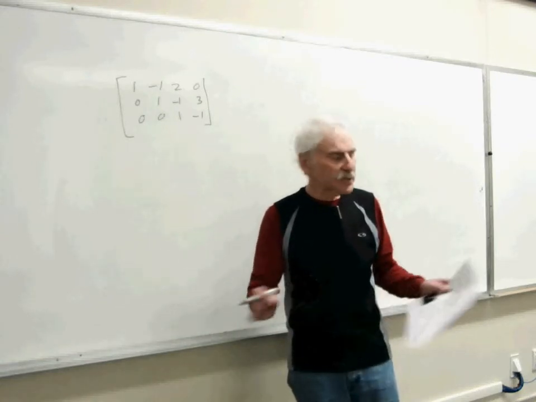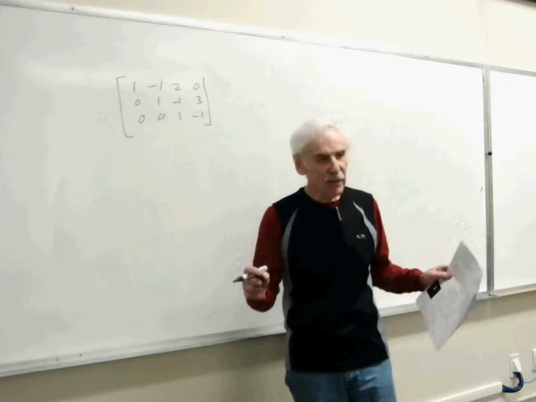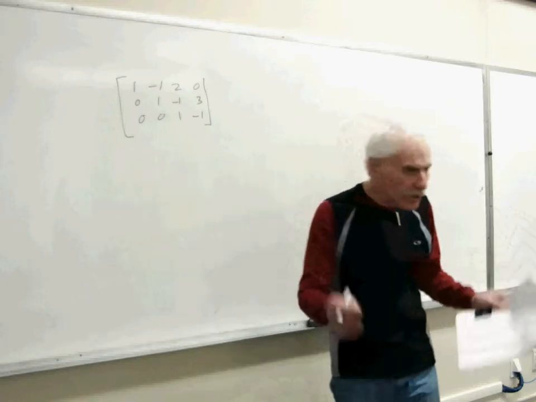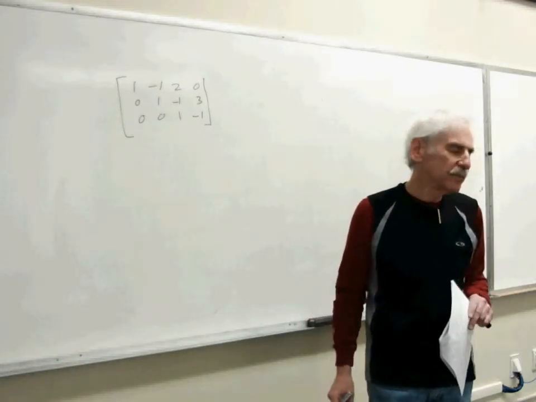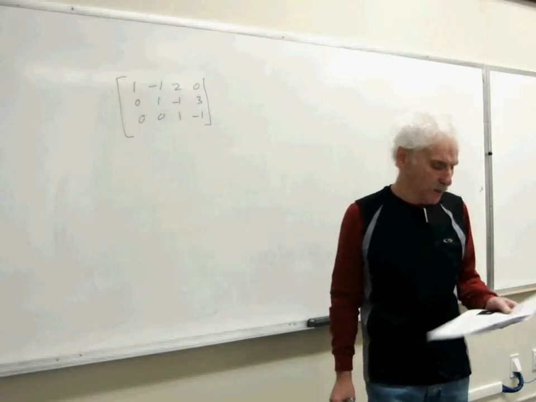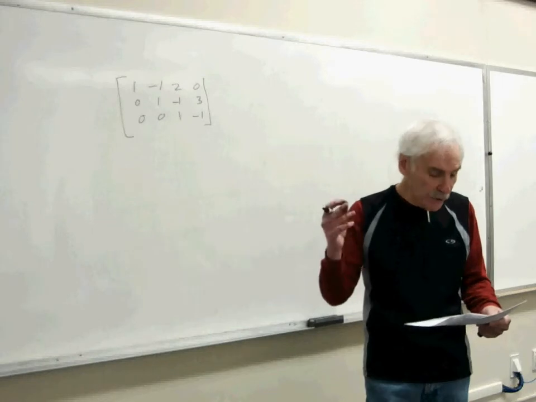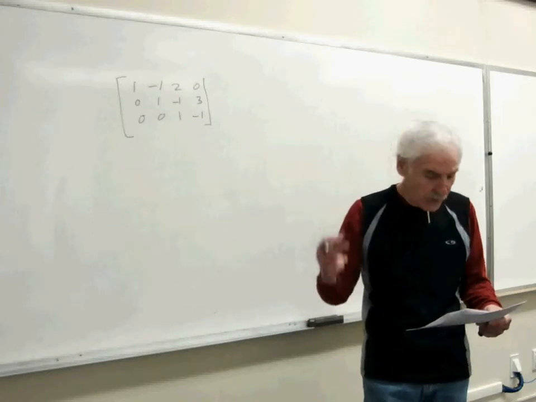I have never said that once you have a system of linear equations, you can't determine the number of solutions. So that was a giveaway. It's got to be either no solution, a unique solution, or an infinite number of solutions.